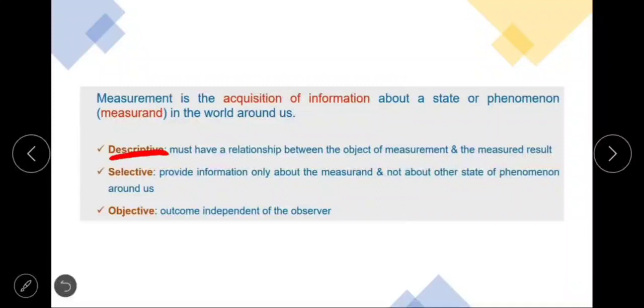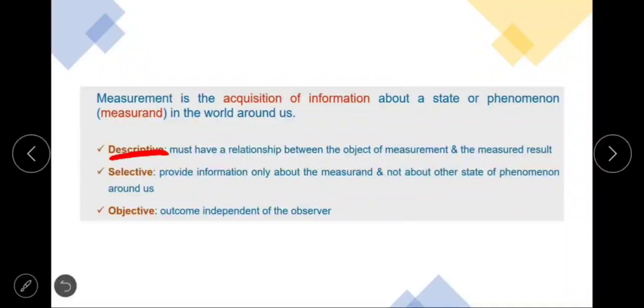and the measured result. So whenever we are measuring body temperature with the help of a thermometer, we know that if we put the bulb of the thermometer in some higher temperature, then there is an expansion of the mercury inside the capillary as a result of temperature change.